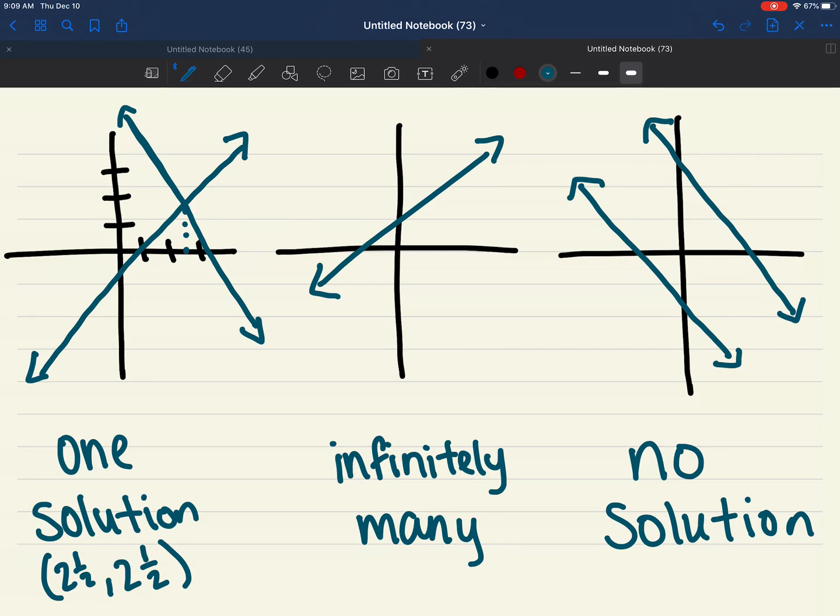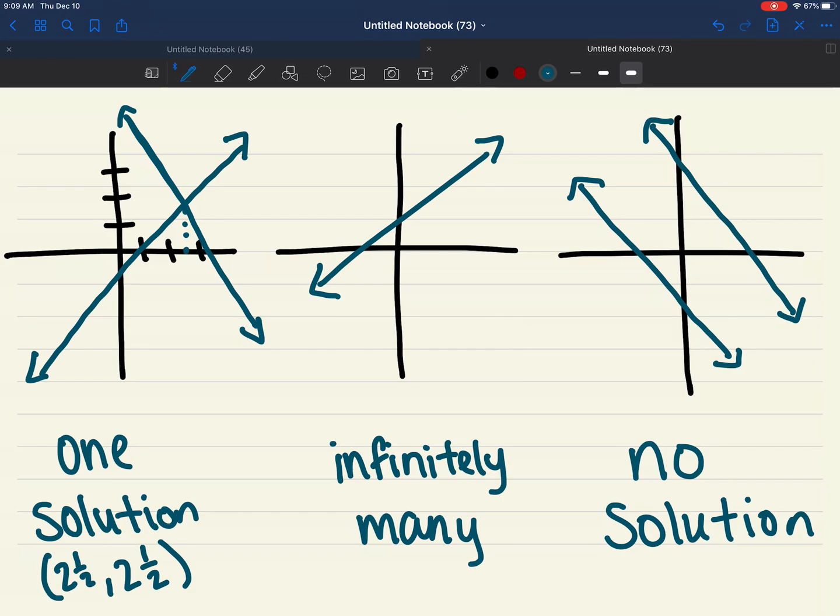Infinitely many, you'll know before you graph because you're going to get the same equation, right? Your two equations will look exactly the same. Can anyone tell me how you would know before you graph if you would get no solution? We talked about this two sections ago. How do you know based off an equation if two lines will never cross? If your slopes are the same.